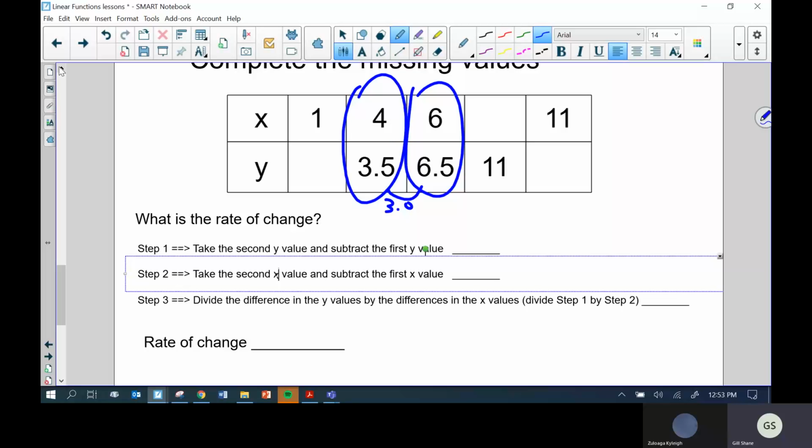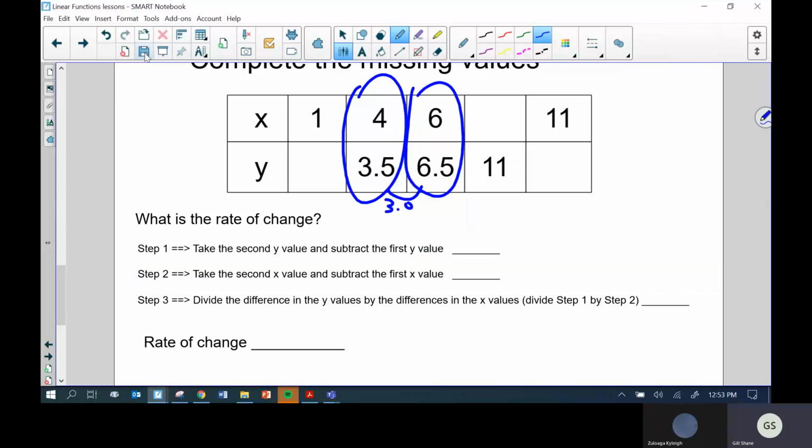So the first step, I take the second y value. Again, I have to focus on the columns where I have an x and a y. They don't have to be next to each other. I should have done one where they weren't next to each other. But in this case, these are my two columns where I have x and y. I take the second y value and second x.